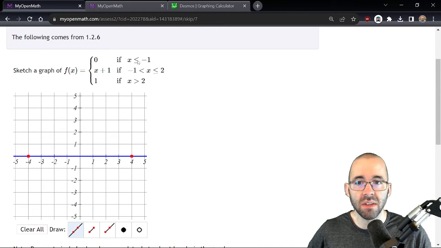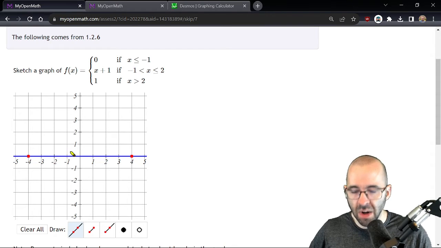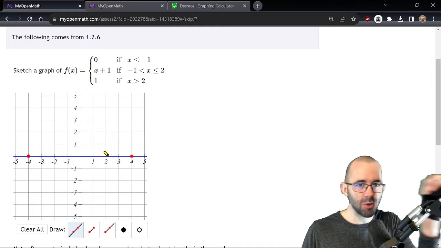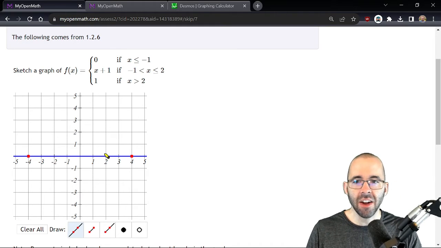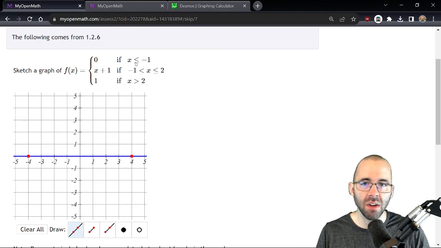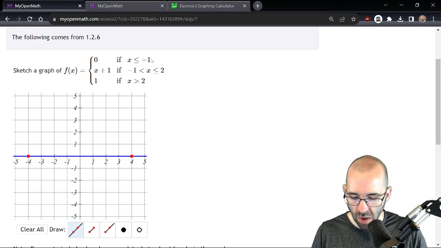But this is a piecewise function. We only want to have this line when our x value is -1 or to the left. So we need to essentially erase a lot of this line. This should be the right edge of this line. If you want to think about this as drawing with a pencil, you can draw this whole thing with a pencil and then erase everything to the right of -1, because we're only on this line to the left of -1.